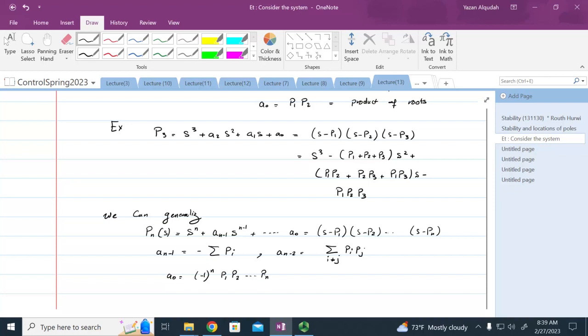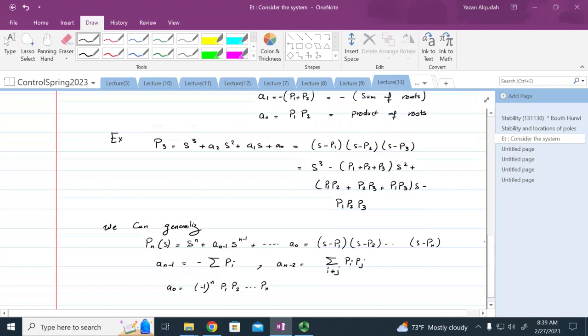Together? We can see this here. And in general, we can generalize it to any order using these rules.